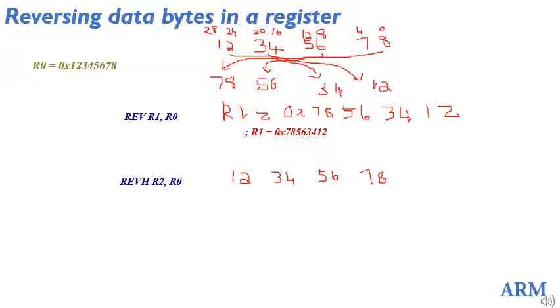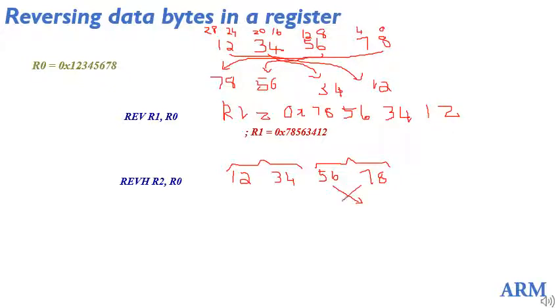So here REV16 is going to reverse the bytes inside a half word. This R0, that is a 32-bit word, has got two half words. The lower half word is 5678 and the upper half word is 1234. So within the half word the bytes are getting exchanged.